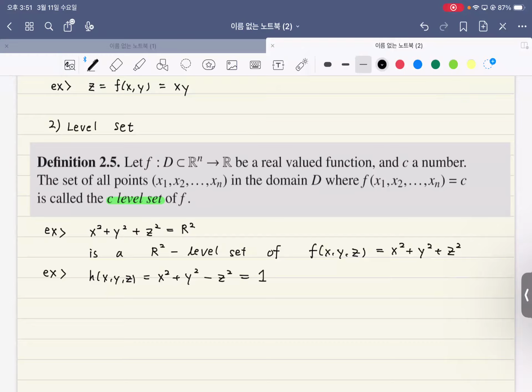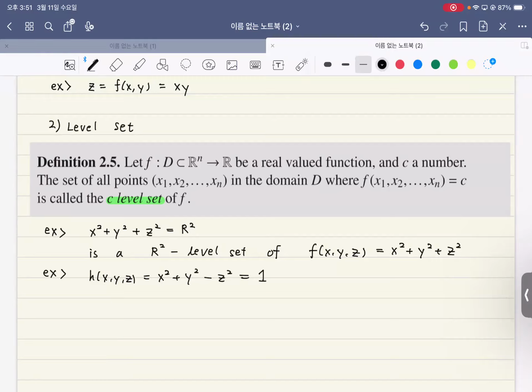Once you choose the z coordinate, this is going to be a circle centered at the origin whose radius is the square root of z squared plus 1, right? And choosing a z coordinate implies you're choosing a plane that is parallel to the x and y plane.